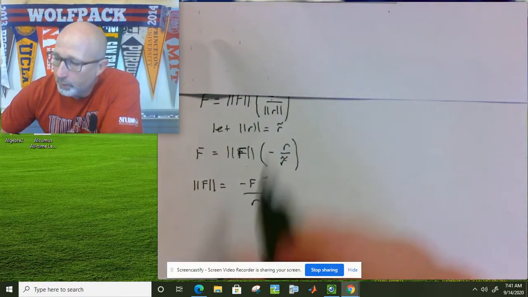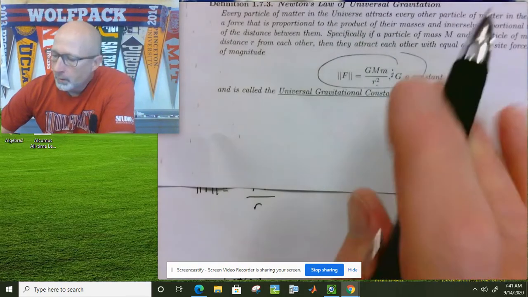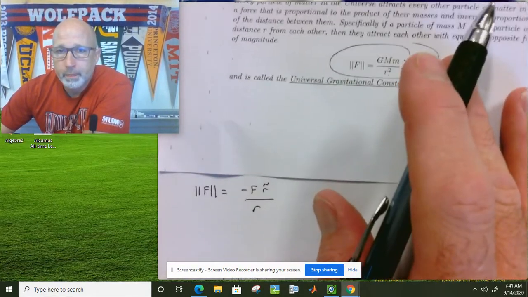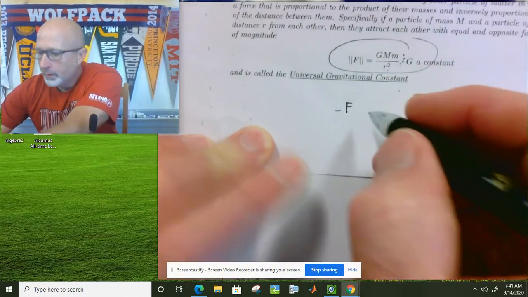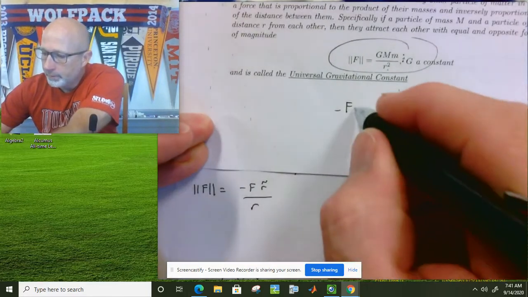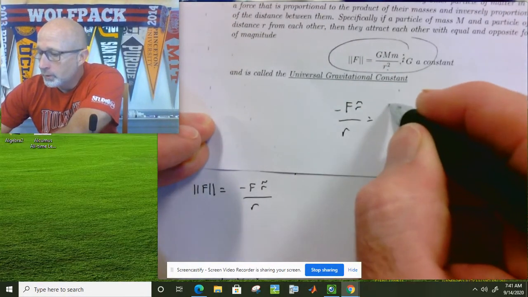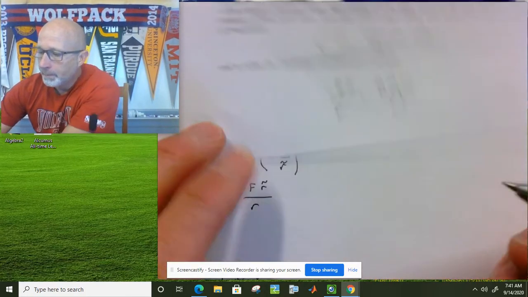Then I'm going to place it in for this equation up here. So I have negative F times R tilde all over R is equal to G M m all over R squared.